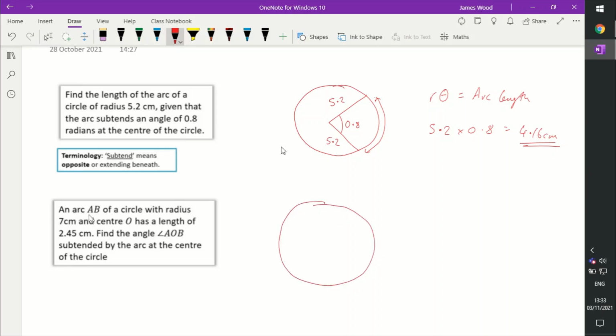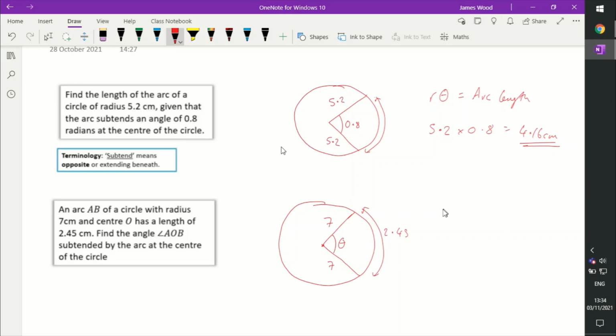Let's have a look at this next one. An arc AB of a circle with radius 7 centimeters and center O has a length of 2.45. Find the angle subtended by the arc. So we're going to do the same sort of diagram. It doesn't really matter if your diagram's accurate or not at this point. Radius is 7 centimeters on both, and it says the arc length is 2.45. And we need to find theta.